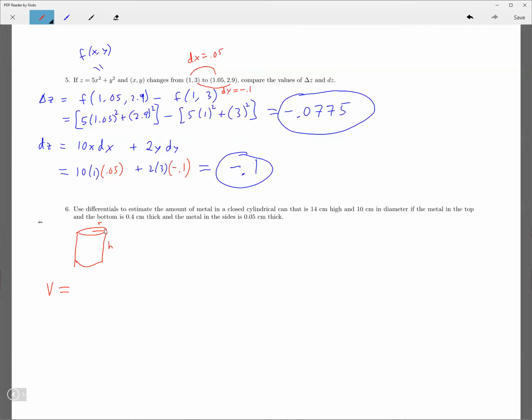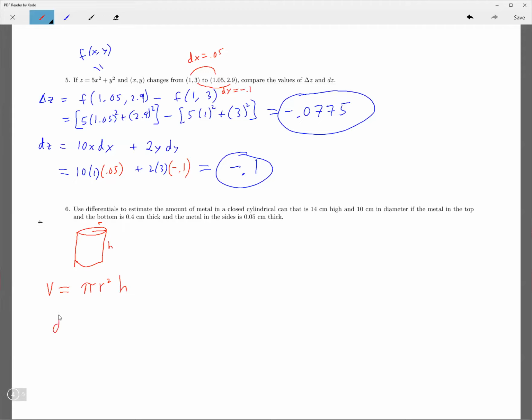You can start by taking the area of the top, the area of this circle, times the height. So the area of the circle is pi r squared, and then there's the height h, right?